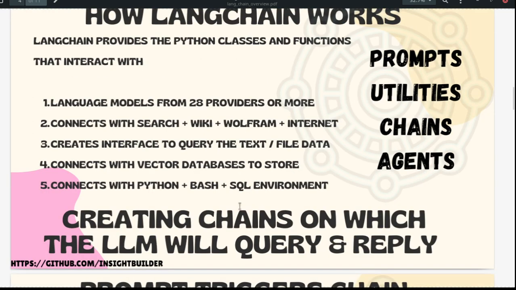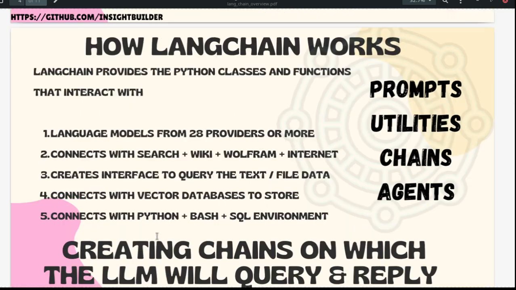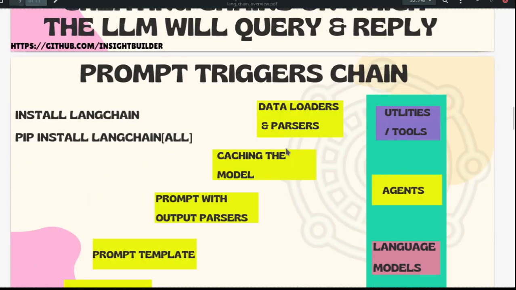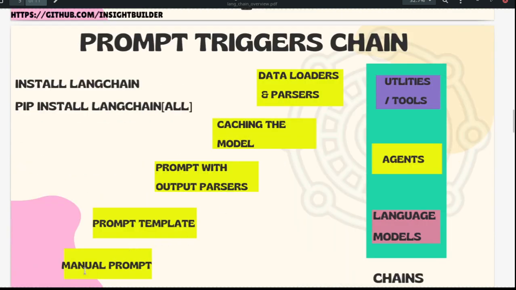So the major point here is creating chains on which the LLM will query and reply. That is what Langchain does. It's no more about prompts, guys. Prompts are just the triggers. You can take a manual prompt, or you can create a prompt template as I showed you, and you can pass the output also.